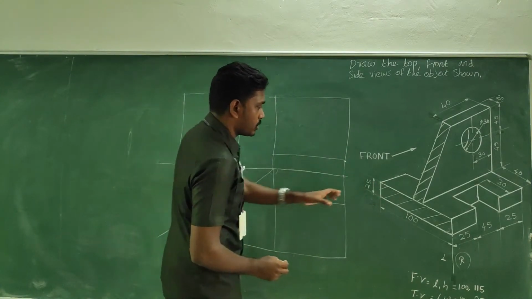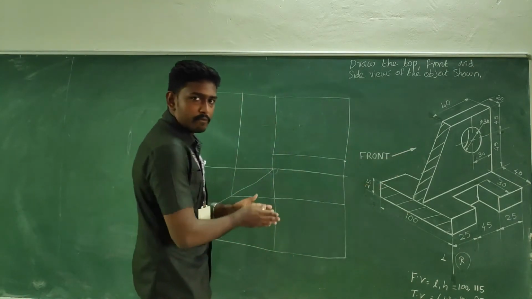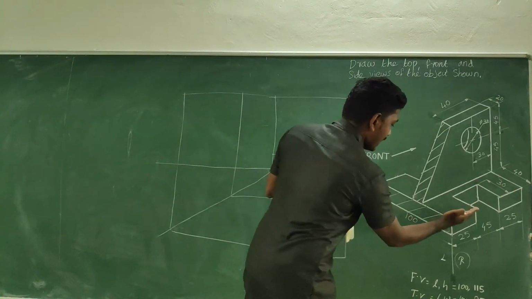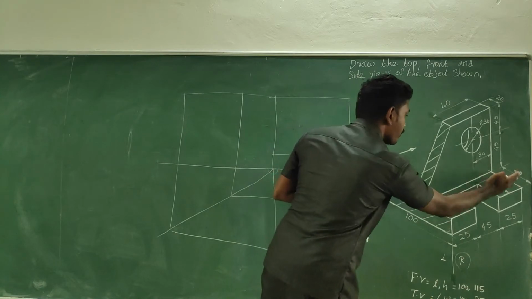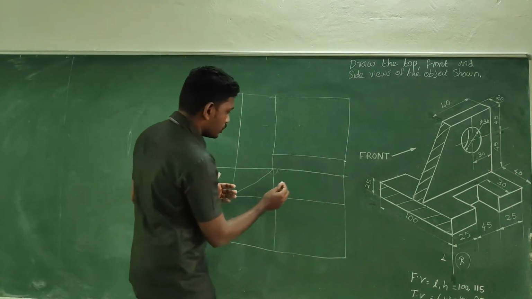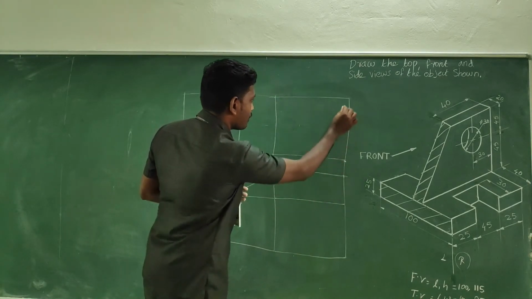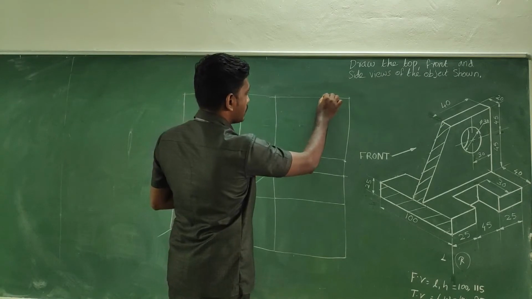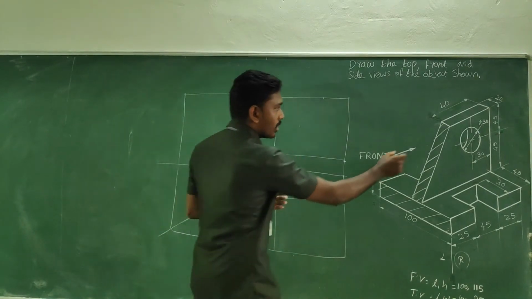And next, what about the vertical wall? Just see, from this right extreme, it is 40 mm, right? So from this rightmost end, measure 40 mm and mark a point. What about the thickness?